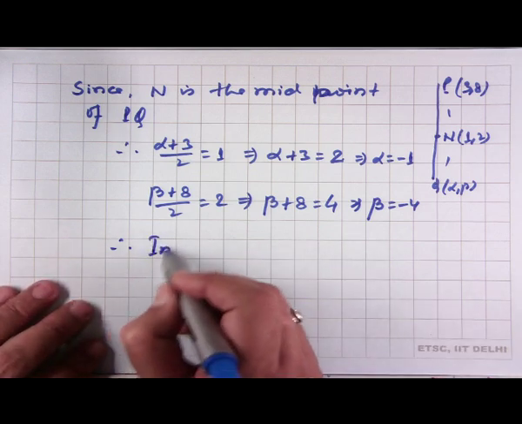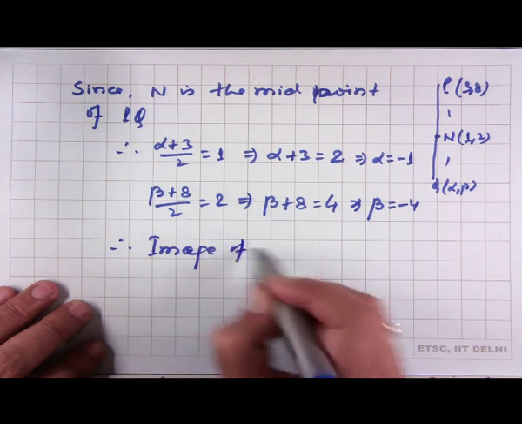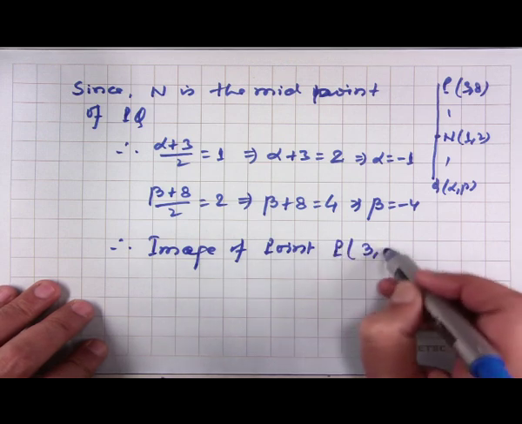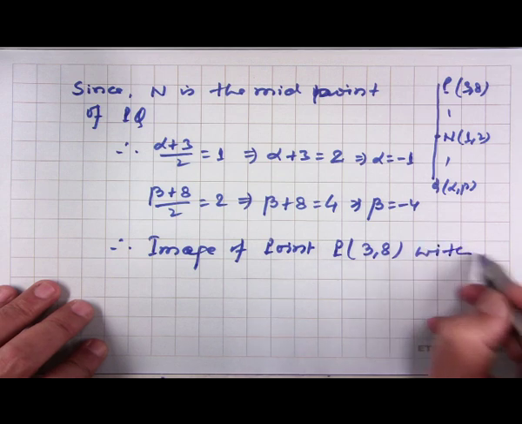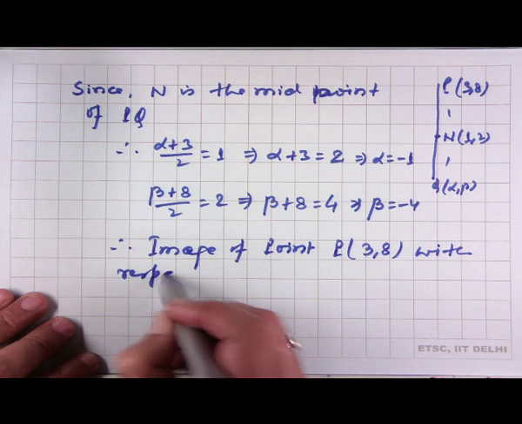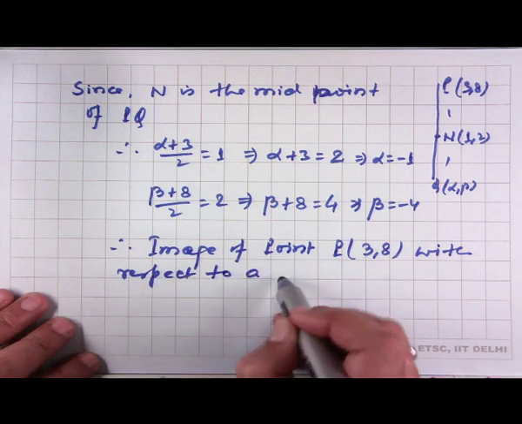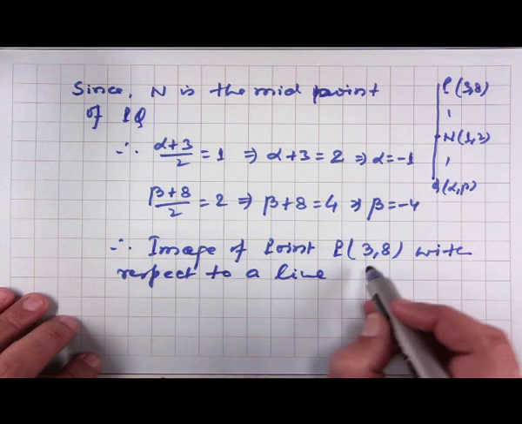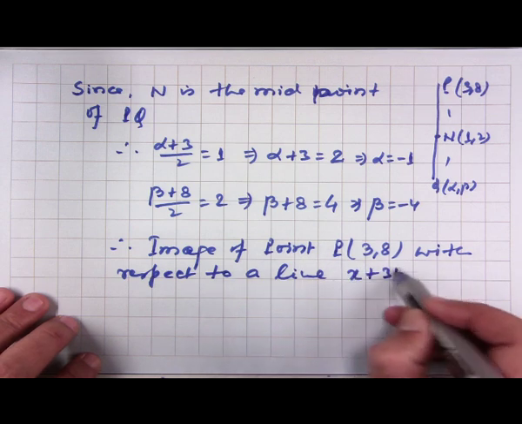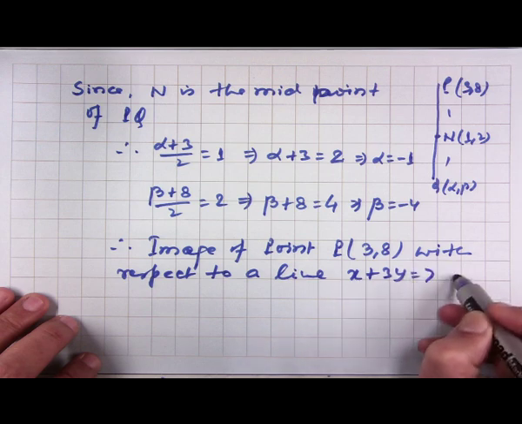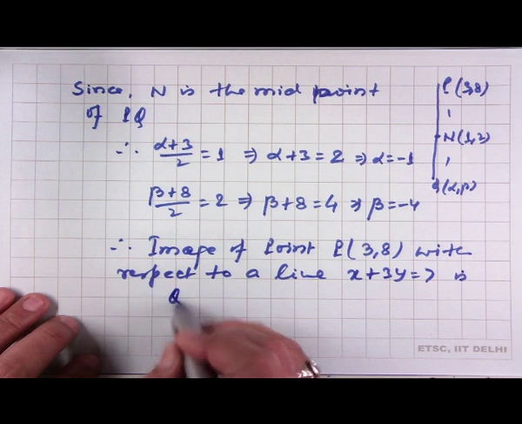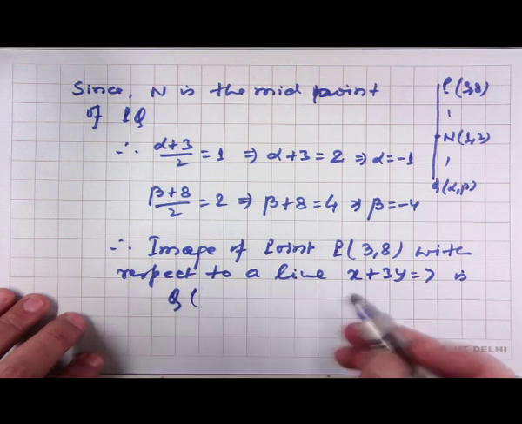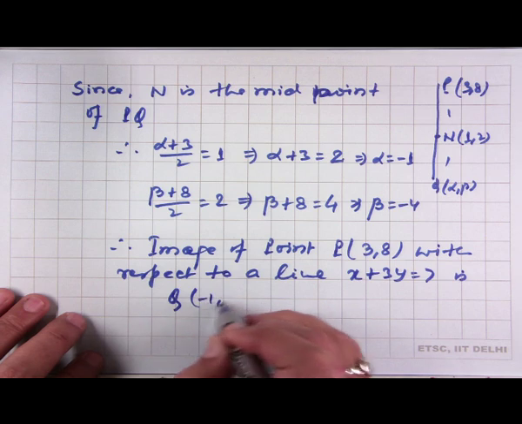So image of point P(3, 8) with respect to a line x plus 3y equal to 7 is Q(minus 1, minus 4).